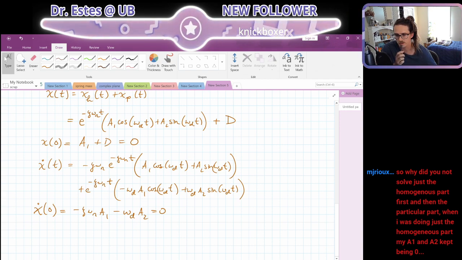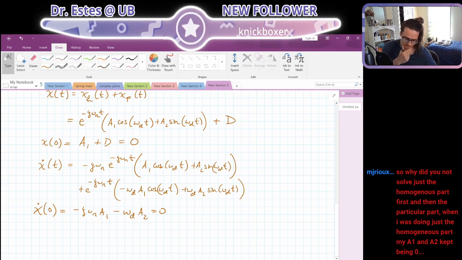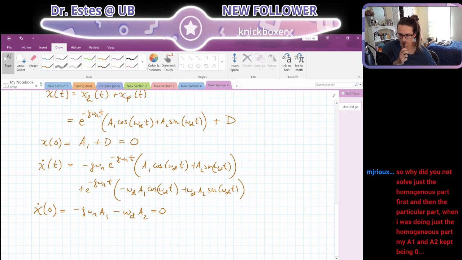When I was just doing the homogeneous part, my a1 and a2 kept being 0. That shouldn't happen. If you get a1 and a2 to equal 0, that means you have some sign error.